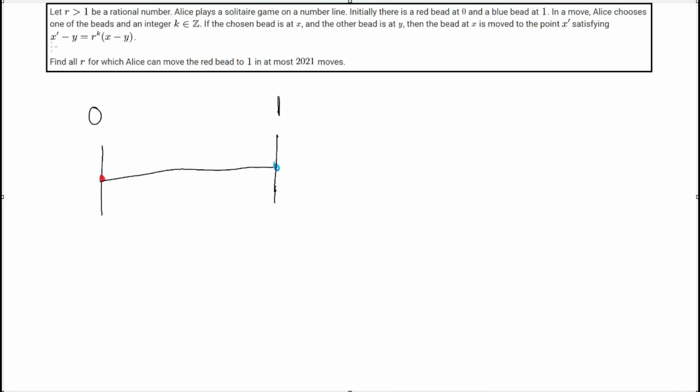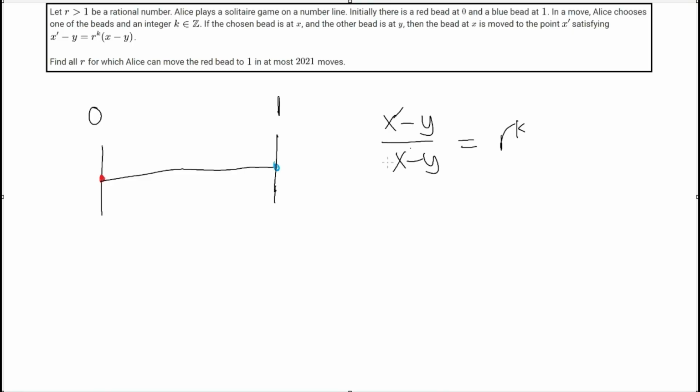So let's see if we can understand this equation here, because that seems to be the heart of the problem. We can rearrange it to: x prime minus y over x minus y equals r to the k. So it seems like we're just comparing the distance between the two, which is signed.